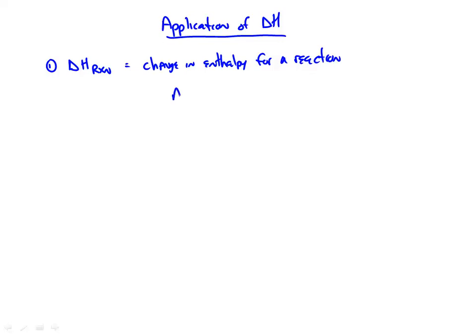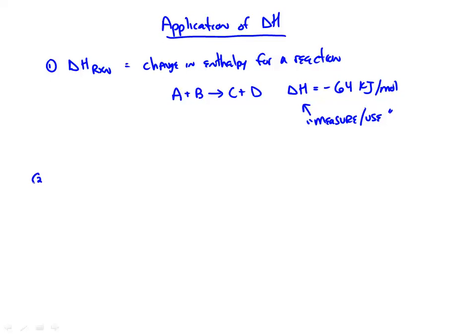That's saying that if I have A plus B goes to C plus D, and I have a delta H value of, say, minus 64 kilojoules per mole. We'll talk about how we can measure that and how we can use it for some calculations. But we don't really want to calculate or measure delta H for every reaction known to man, because that would take a lot of time.